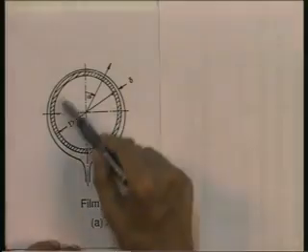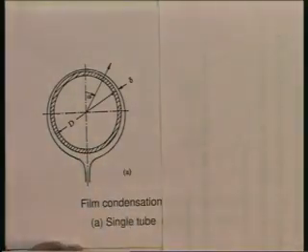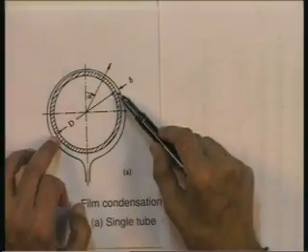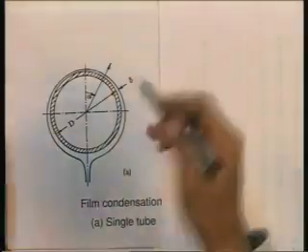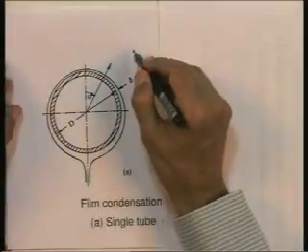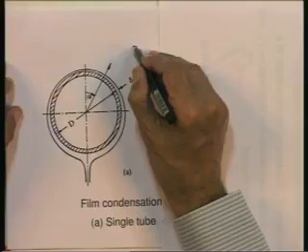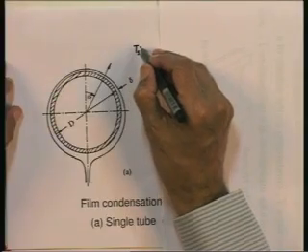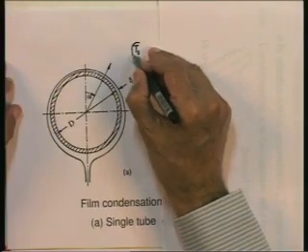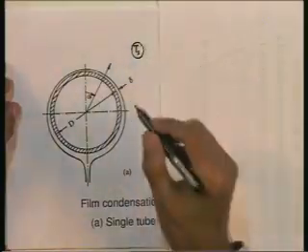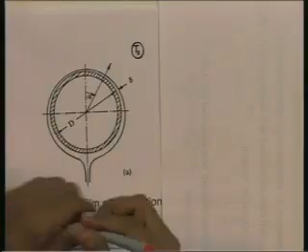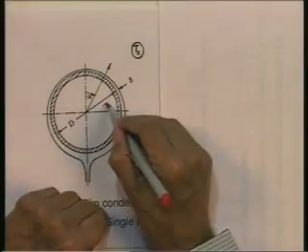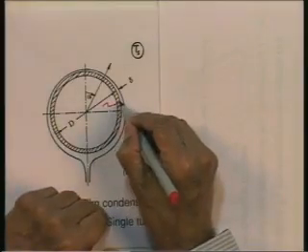This is the tube of outside diameter capital D, and pure saturated vapor at saturation temperature T s is condensing on the outside of this tube. The wall of this tube is maintained at a temperature T w.